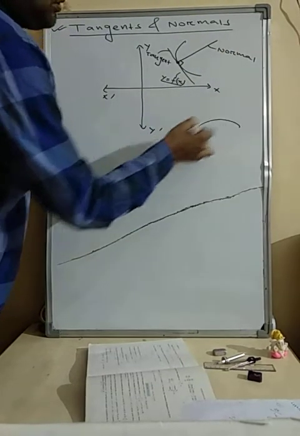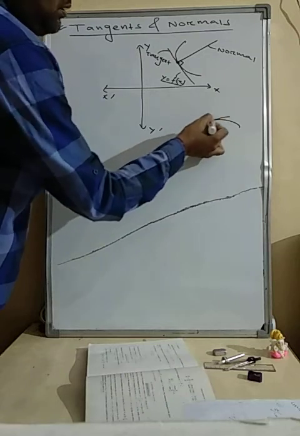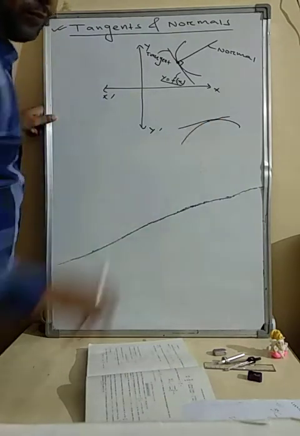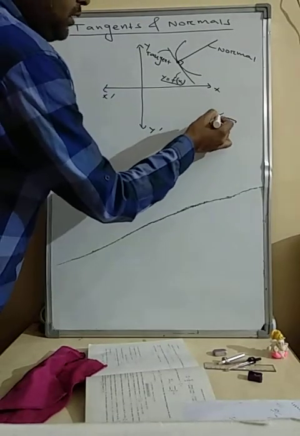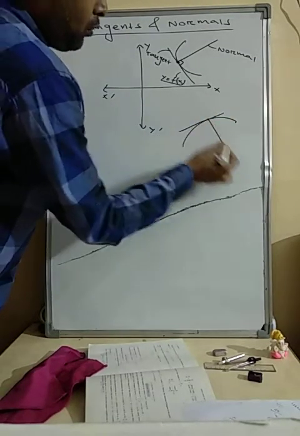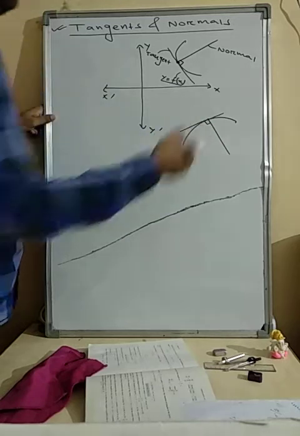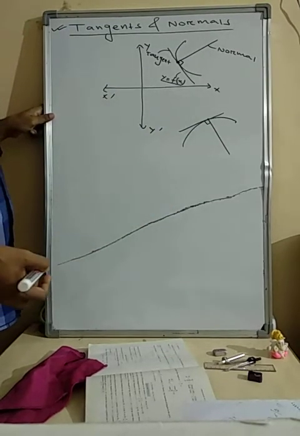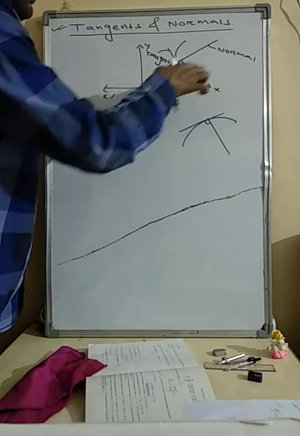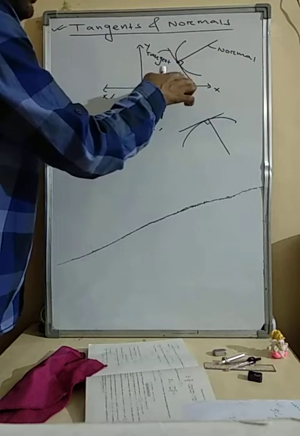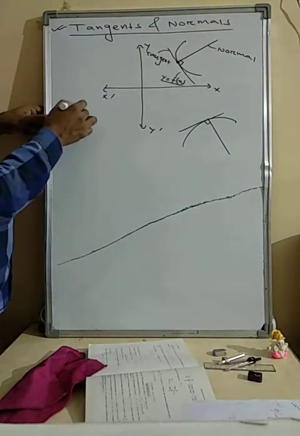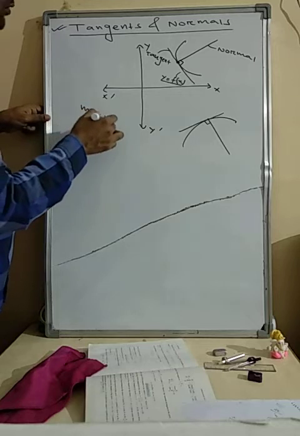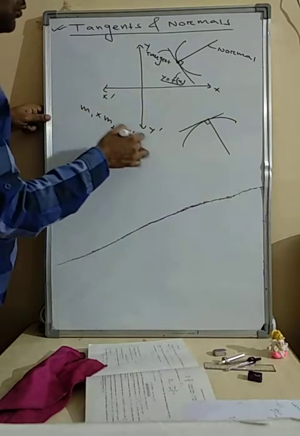Wherever you draw the tangent on the curve, at that point only the normal is always perpendicular to the tangent. Ultimately, normal and tangent both are straight lines, and they are perpendicular. As you learned in class 11, when two lines are perpendicular, the product of their slopes equals -1.